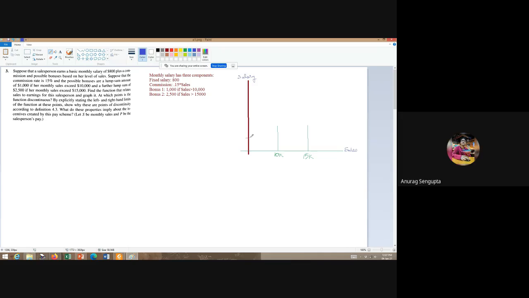Okay, 800. So his salary will start from here. If he sells, let us say S amount, how much will he get? So 800 plus 0.15 into S. So if sales is 0, his wages are 800. If sales is S, he gets 800 plus 0.15 S.